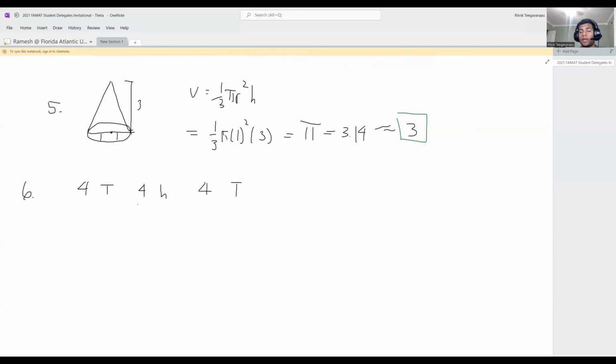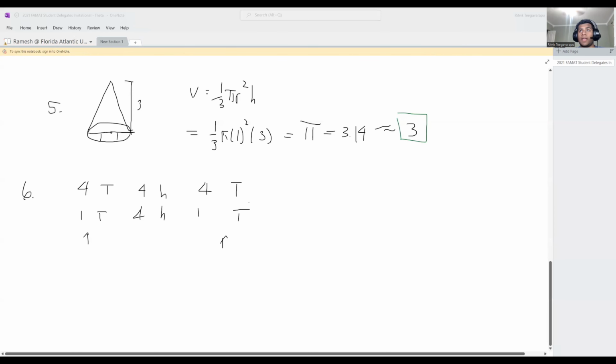So it's still going to take 1 theta 4 hours to fail 1 test. And of course, time is still occurring at the same rate. So even if we add more thetas and even if we increase the amount of tests, the time elapsed has not changed. Therefore, the correct answer is going to be A.